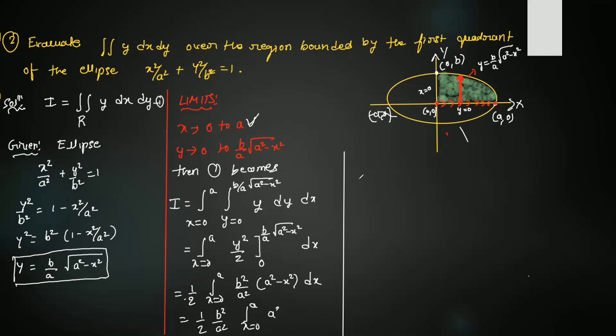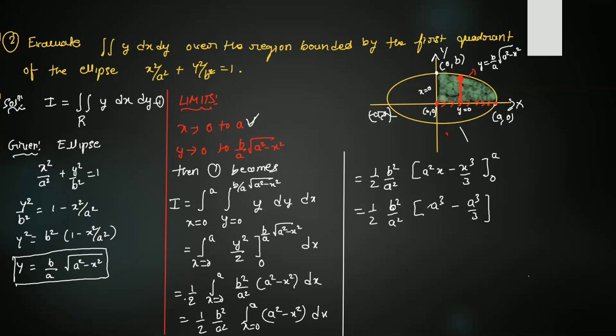A square is a constant. So if you integrate, a square x minus x cube by 3. Limits are 0 to a. And if you apply the limits, b square by a square, it is a cube minus a cube by 3.